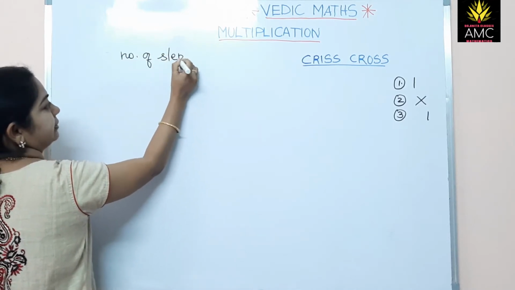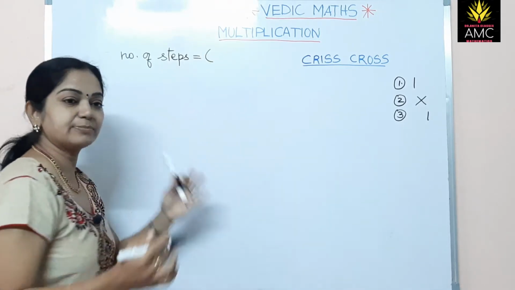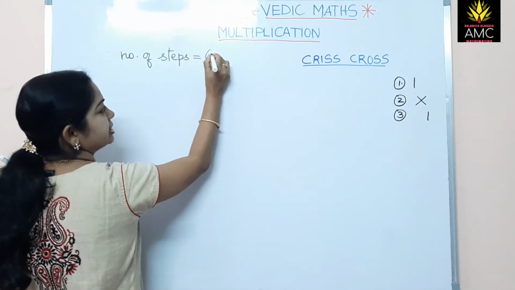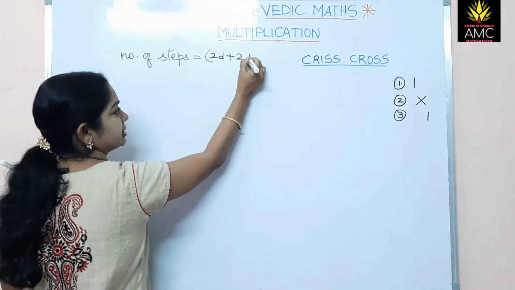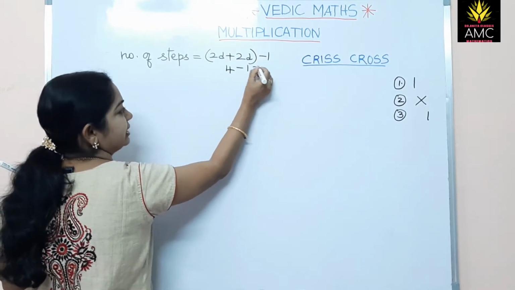We get the number of steps by a simple formula. For 2-digit, it is 2-digit plus 2-digit minus 1, that comes to 4 minus 1, which is 3.